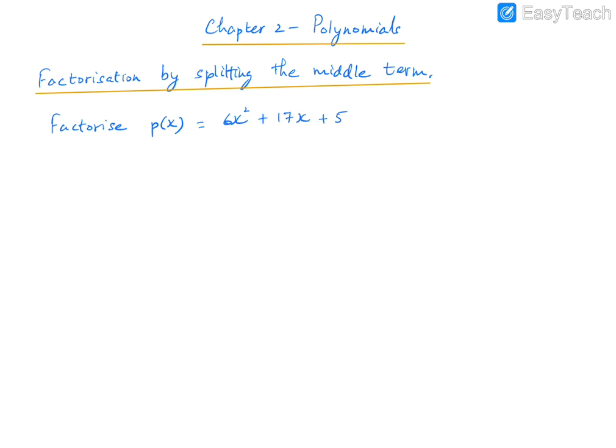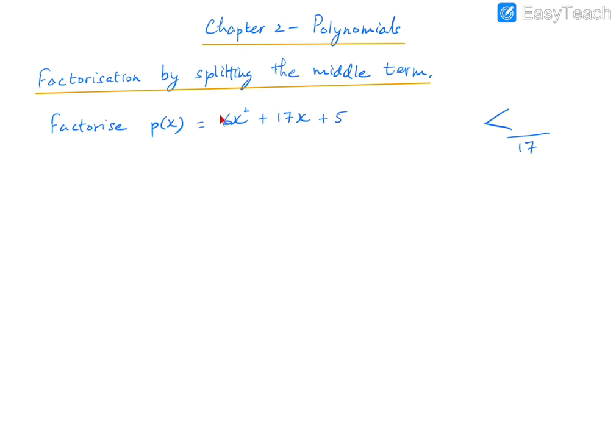Splitting the middle term here involves writing this middle term in terms of two different numbers. The middle term is 17, and we have to split it into two different numbers such that their product is equal to the product of a and c.